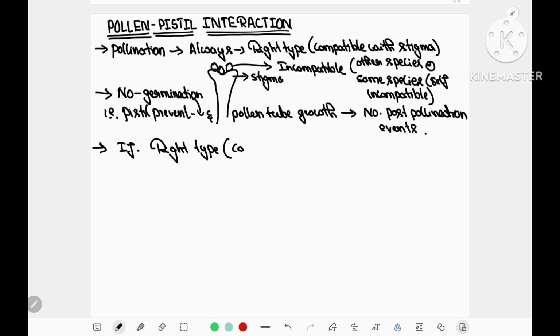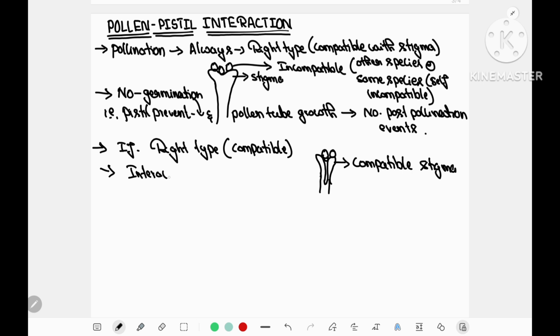If the right type of pollen grain falls on the stigma, that is called compatible pollination. Now, in compatible pollination, the stigma will allow the germination of the pollen grain and it will encourage post-pollination events, which lead to fertilization later.